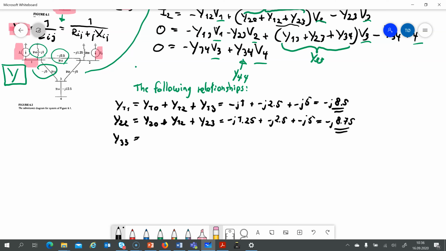The y33 was, let's see, y13 plus y23 plus y34 equals minus j5 plus minus j5 plus minus j12.5 equals minus j22.5.